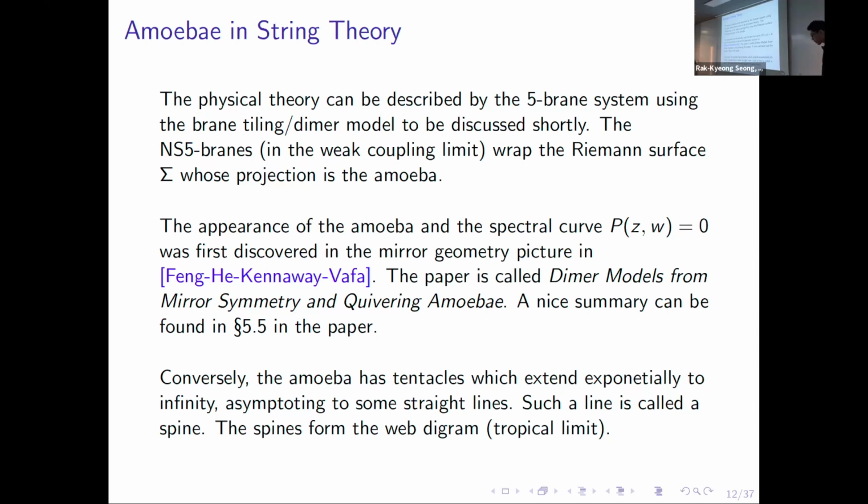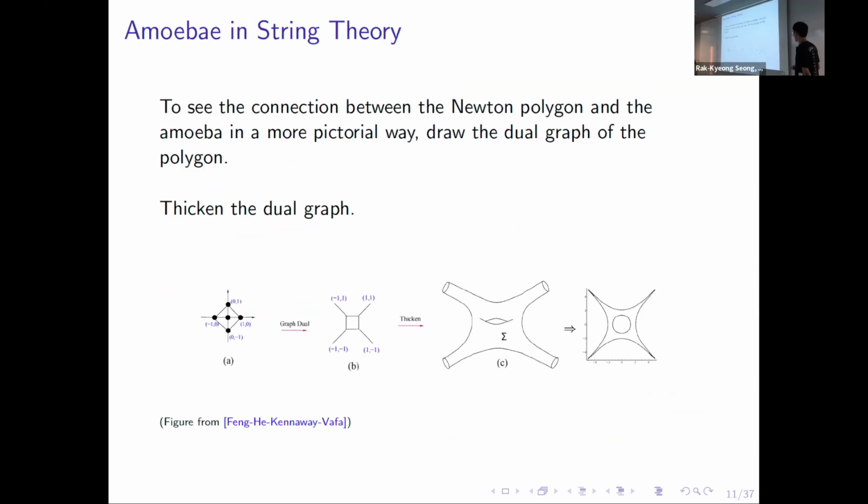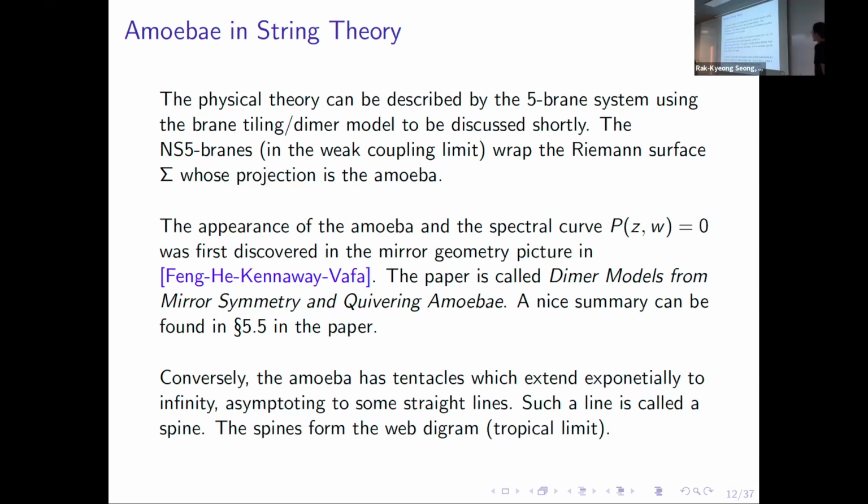Conversely, we can take the amoeba, and it has these tentacles, like these 4 legs. They extend exponentially to infinity, asymptoting to some straight lines. These straight lines are called spines, and the spines are exactly the web diagram we just saw.